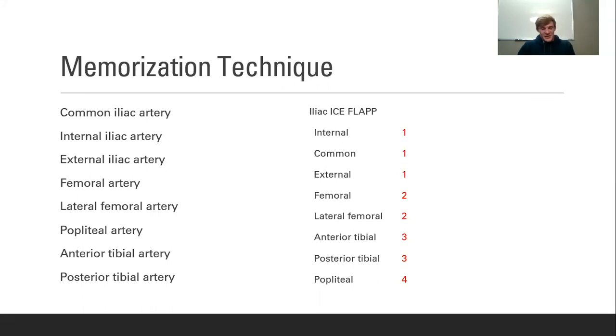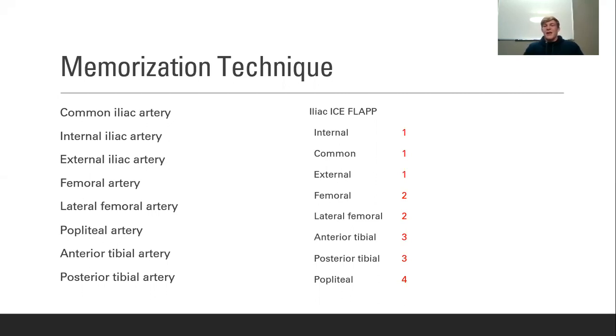The memorization technique that I came up with was a pretty simple acronym: iliac ice flap. I don't know, I thought it was kind of fun to say. I threw iliac in there at the beginning just to remind you that our abbreviation ICE is going to be our iliac arteries: an internal iliac artery, a common iliac artery, and then an external iliac artery.